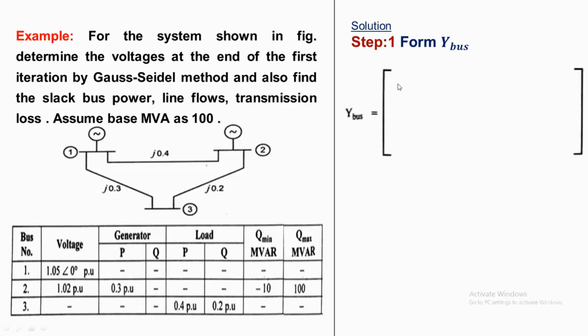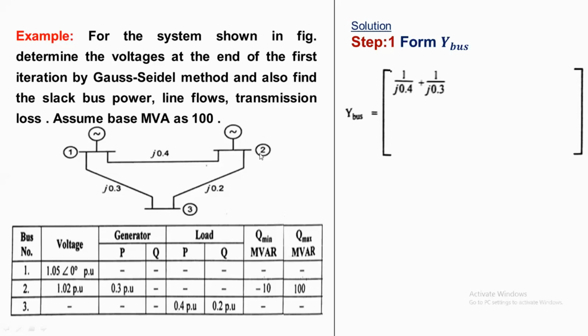First of all, we have to calculate the diagonal elements, that is the self admittance. Y11 is equal to the sum of admittances connected to bus 1. Here the admittances connected to bus 1 are 1 divided by j0.4 plus 1 divided by j0.3, the sum of these two admittances.